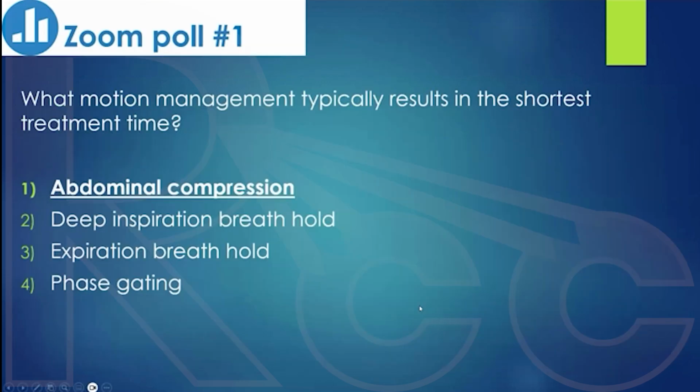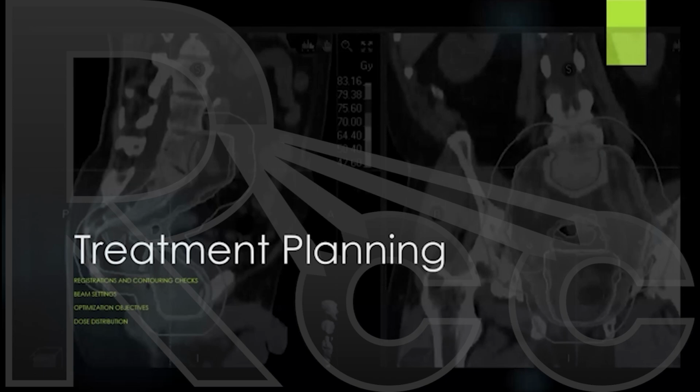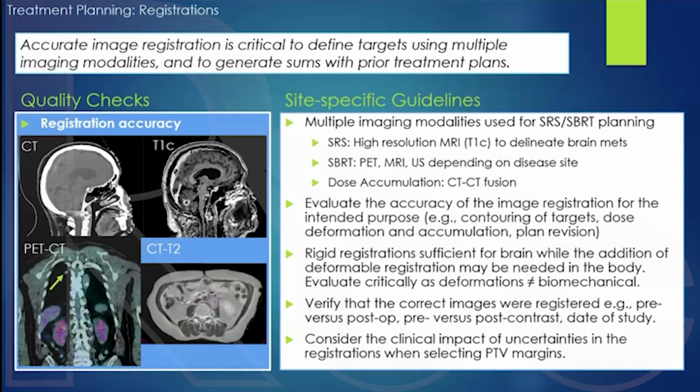Okay, and so treatment planning. Accurate image registration is really critical to define targets using multiple imaging modalities and to generate sums with prior treatment plans. Multiple imaging modalities are used for SRS and SBRT planning.